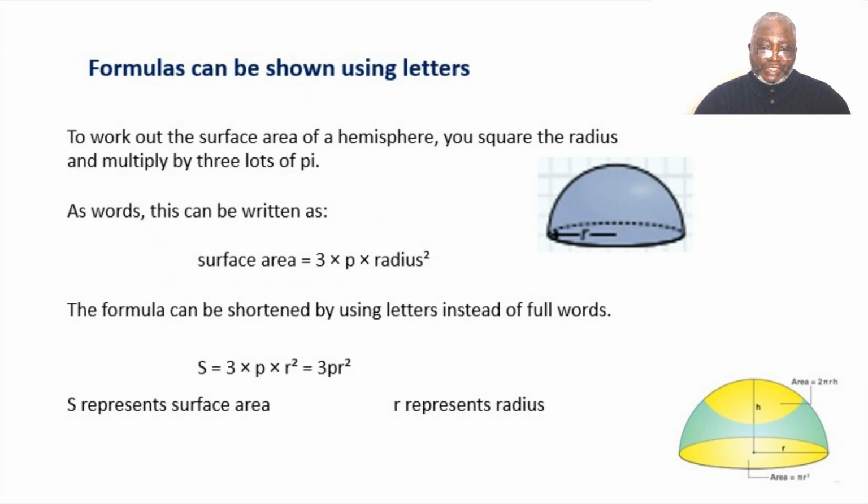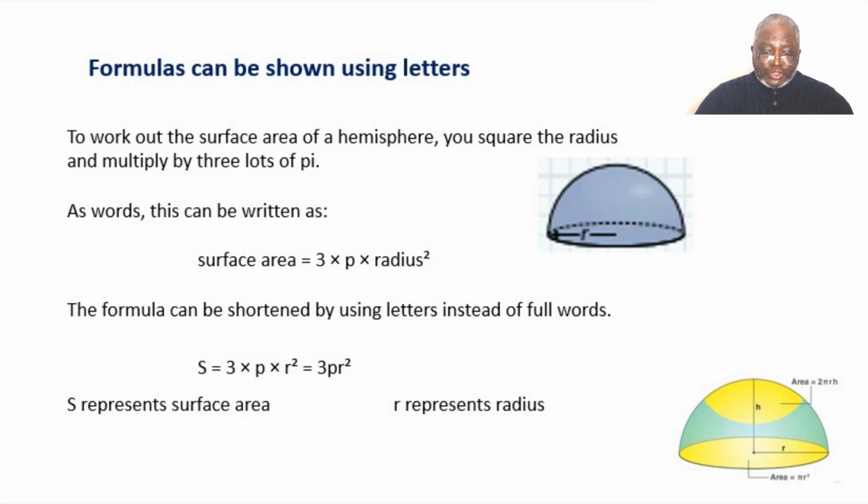Formulas can be shown using letters, as I said. To work out the surface area of a hemisphere, you square the radius and multiply by 3 lots of pi, and the value of pi is 3.14. As words, this can be written as surface area equals 3 times pi times radius squared.